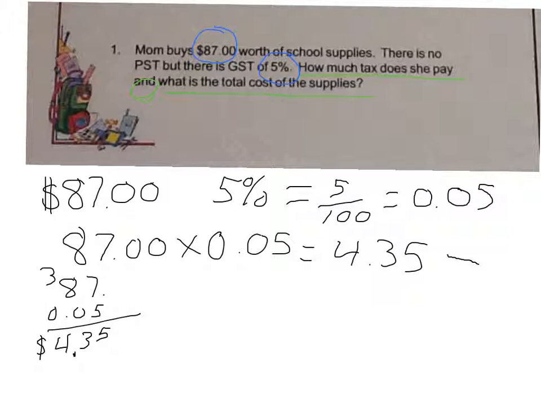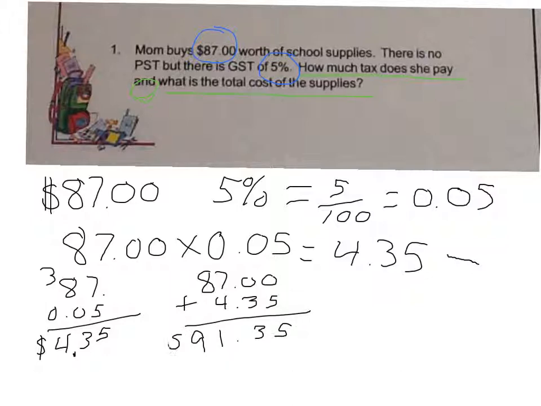So that's one of them, and then the total is the total cost. So then I have 87 plus my tax, which is $4.35. Add these together, and I have $91.35.